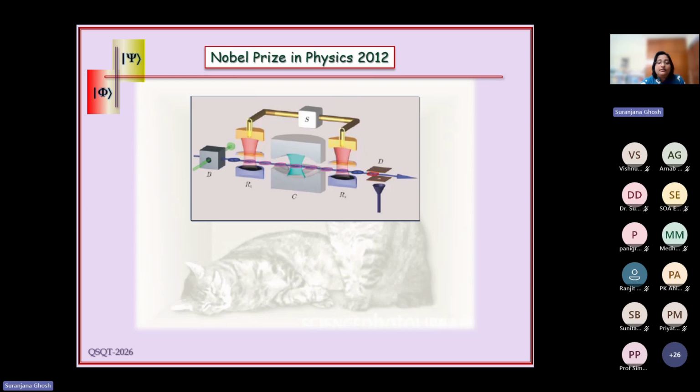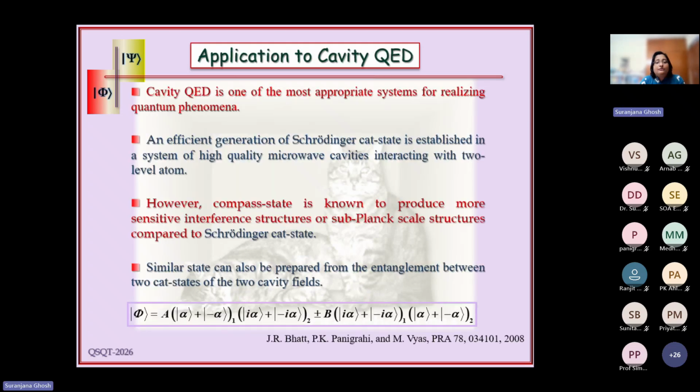Finally, when they observe the atomic state, one can find the field in a Schrodinger cat-like state. This is the schematic diagram, and R1 and R2 are Ramsey interferometers. This is, of course, one of the appropriate systems to realize this kind of quantum phenomena, and as I mentioned, the Schrodinger cat-like state has been observed in their lab.